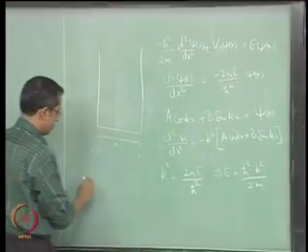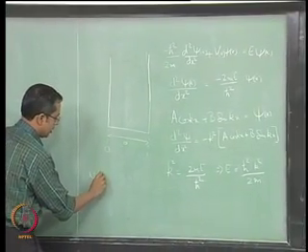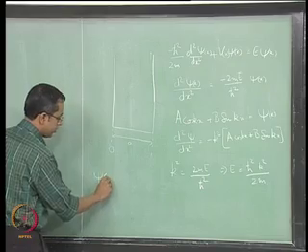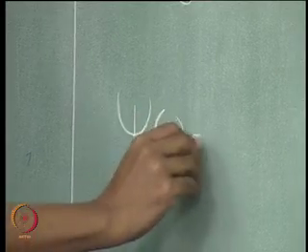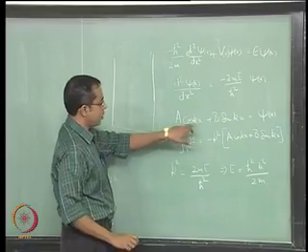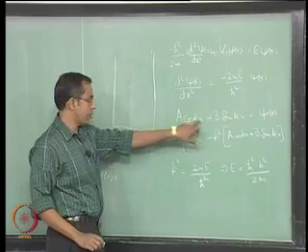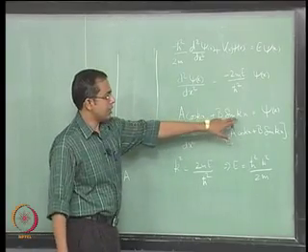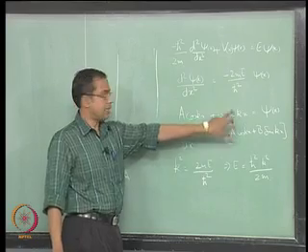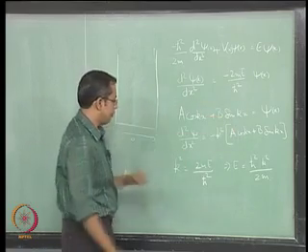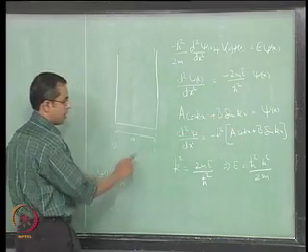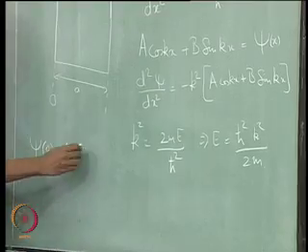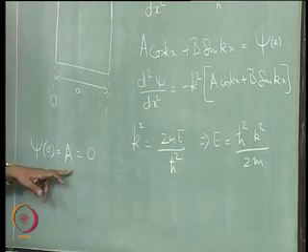Xi of 0 is a times cos of 0, which is 1, plus b times sine of 0, which is 0. So xi of 0 is simply a, and that has to be equal to 0, therefore a is equal to 0.